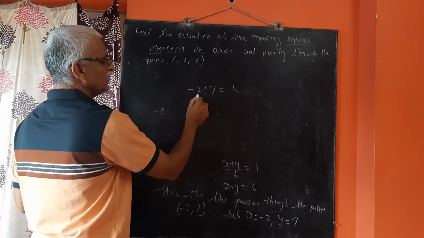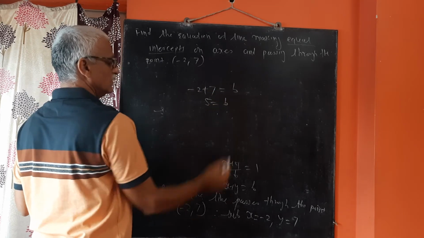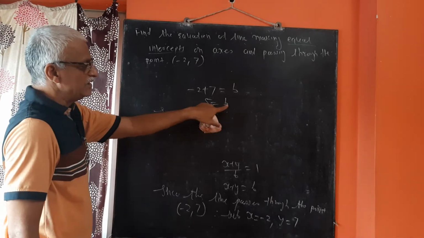That means 5 equals to b. So the value of b is equals to 5.